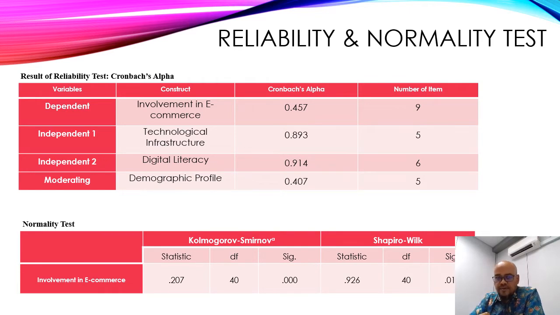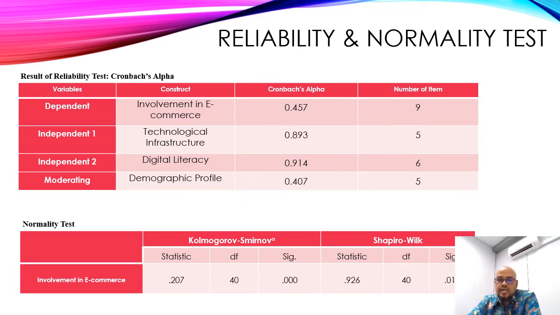So this first table is used to demonstrate that the test and scale constructed are closely related as a group. It shows the summarization of reliability of the dependent variable, here the involvement of e-commerce, and the independent variables, which are technological infrastructure and digital literacy.